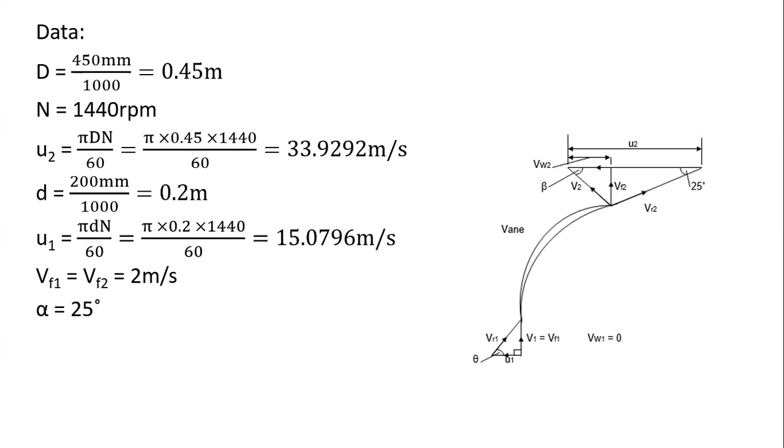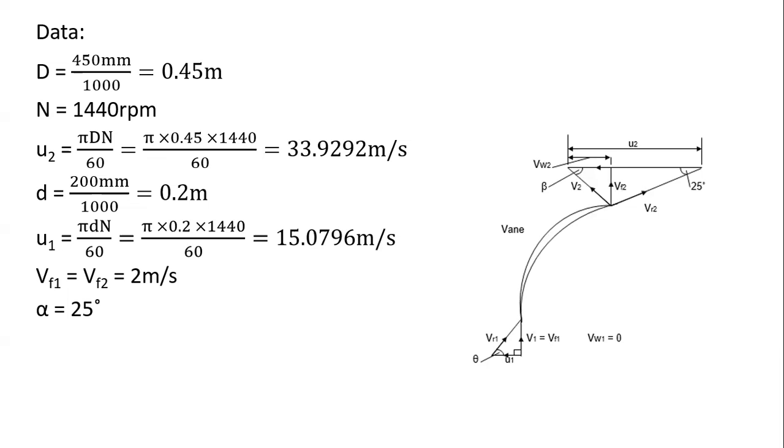The velocity of the vane at exit, that's U2, the absolute velocity. We're going to use the dimensions that have been given for the impeller on exit.